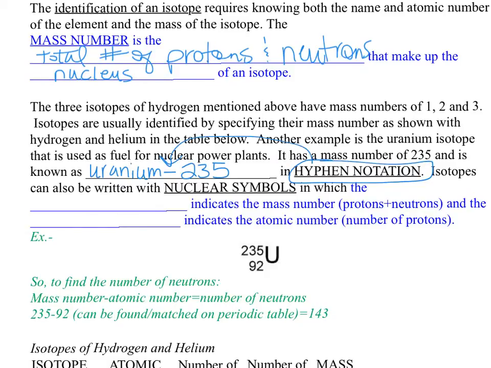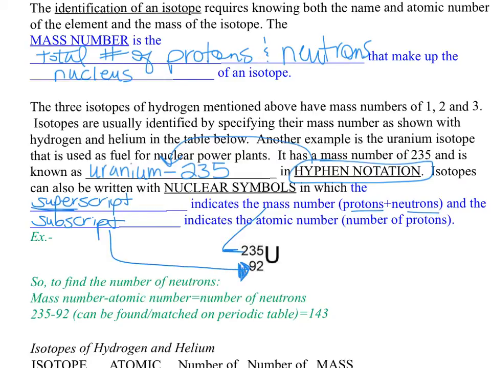Isotopes can also be written with nuclear symbols in which the superscript, remember super's above, indicates the mass number, which is your protons and neutrons, and the subscript, remember sub like submarine, below, indicates the atomic number, or the number of protons.